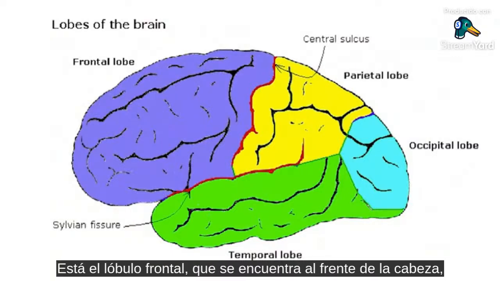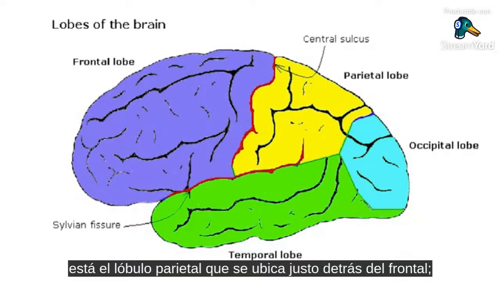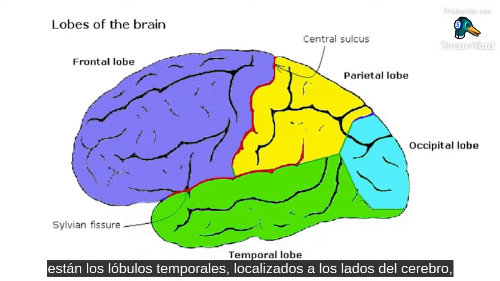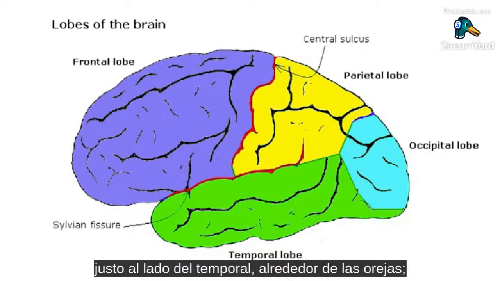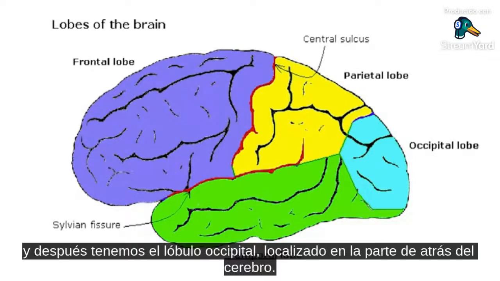There is the frontal lobe, which is located at the front of the head, as you would imagine. There is the parietal lobe, which is located just behind the frontal lobe. There are the temporal lobes, which are located on the sides of the brain, right near the temporal area around the ears. And then we have the occipital lobe, which is located in the very back of the brain.